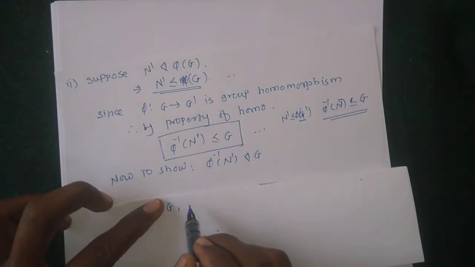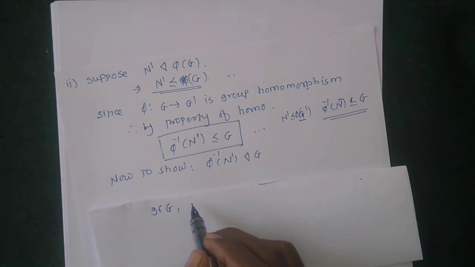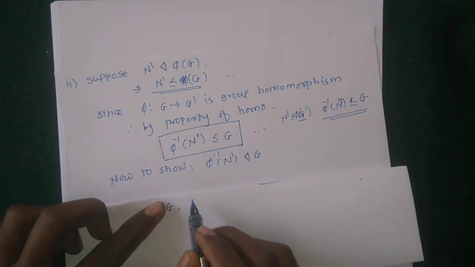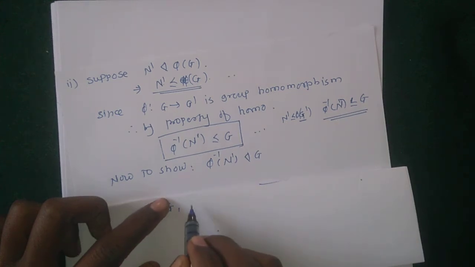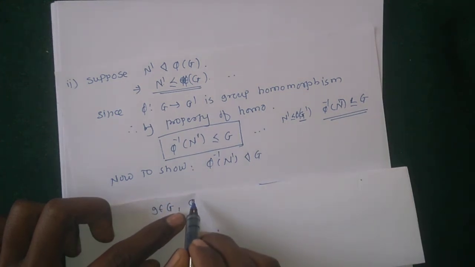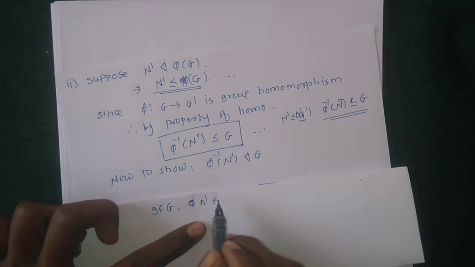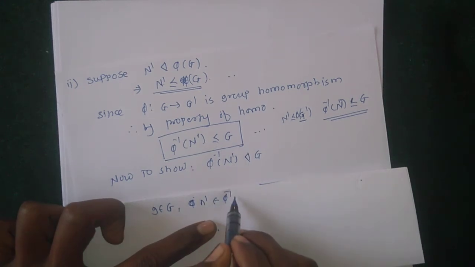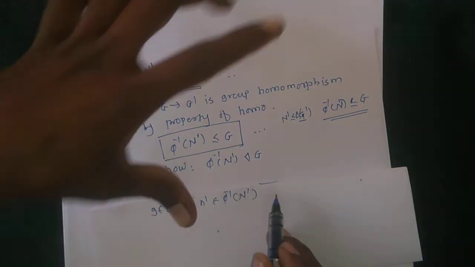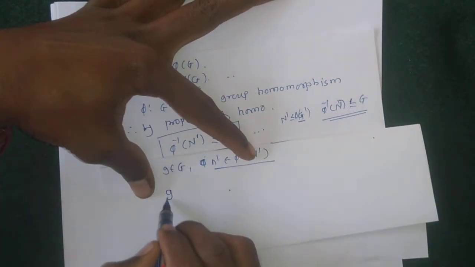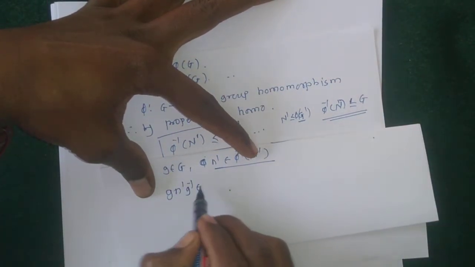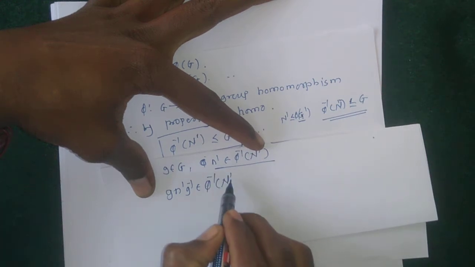Suppose that n belongs to phi inverse of N dash, then g n g inverse belongs to phi inverse of N dash.